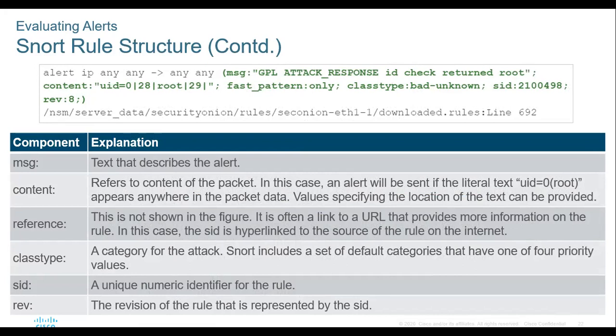In this case, an alert will be sent if the literal text UID=0 (root) appears anywhere in the packet data. A value specifying the location of the text can be provided. Just as you can see, we have UID=0, then you have (root) and so on. So that's what you get within this.